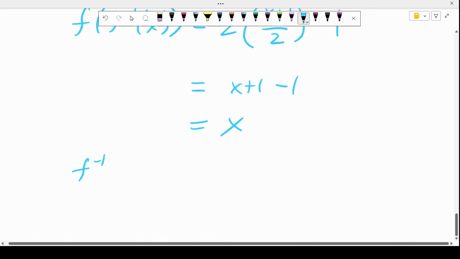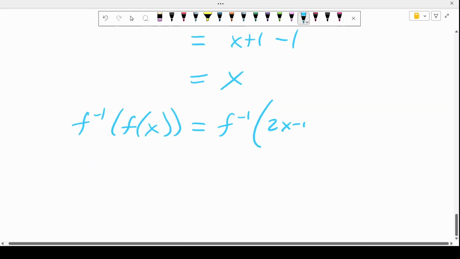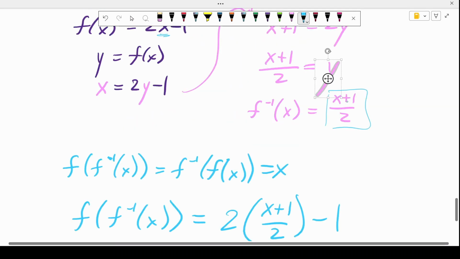f inverse of f of x equals f inverse of, what is f of x? Well, it's 2x minus 1. And f inverse is x plus 1 over 2. So I'm going to have to put my argument right there. Add 1 to it and divide by 2.